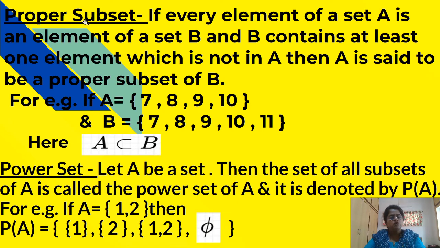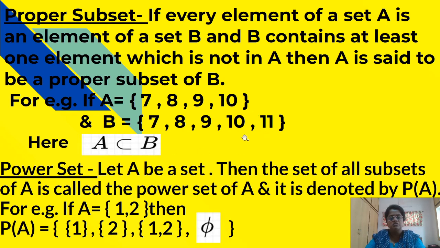Now see the definition of proper subset. If every element of A is an element of set B and B contains at least one element which is not in A, then A is said to be a proper subset of B. For example, suppose A contains the elements 7, 8, 9, 10 and B contains the elements 7, 8, 9, 10, 11.